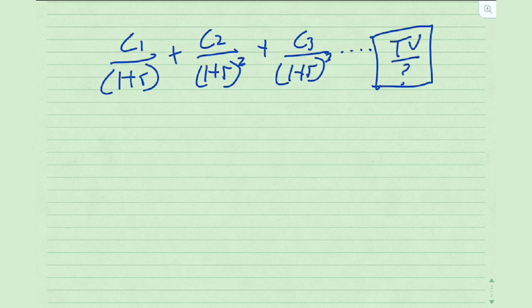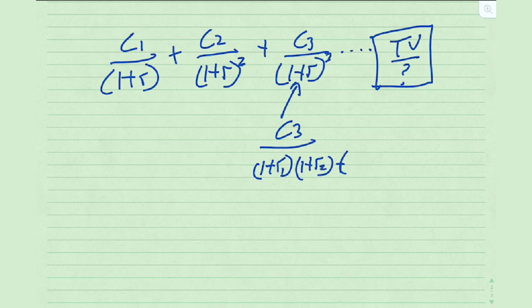And how do you do that? That's a separate discussion. You can see that if your R was the same throughout, it becomes a much simpler calculation. But because R is changing, what this really means is C3 divided by 1 plus R in period 1, times 1 plus R in period 2, times 1 plus R in period 3.